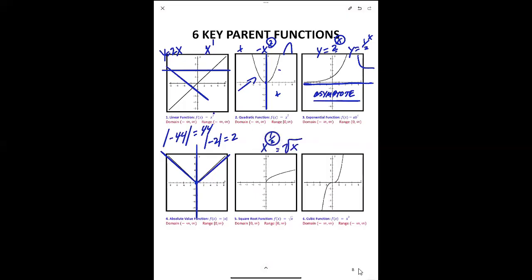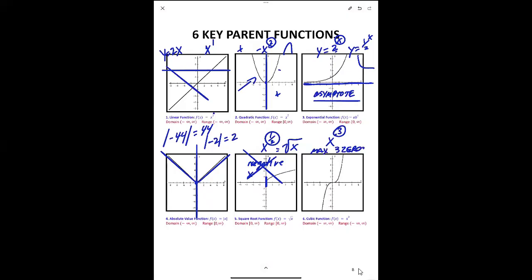The key idea is you can't have a negative x value. That's not allowed. So it has to start at 0 and go to the right. And then the cubic function: highest exponent is a 3. That means it could have a max of 3 zeros.